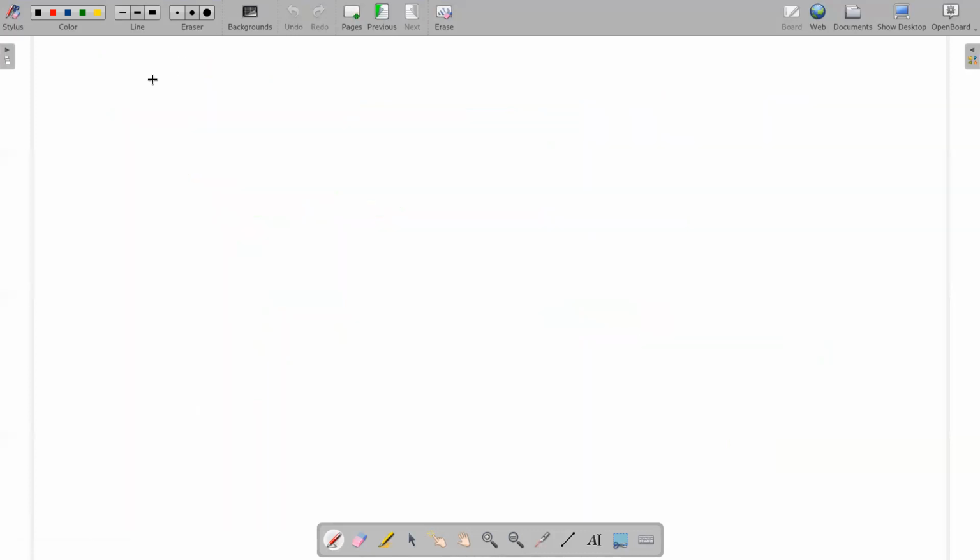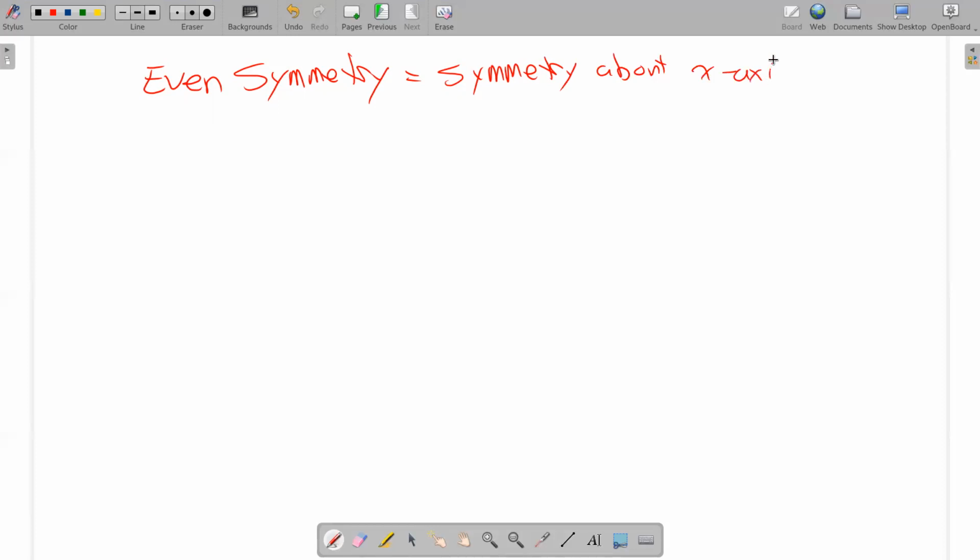Even symmetry is another idea from a previous math class. Hopefully you remember. If not, I'll refresh your memory. Even symmetry is symmetry about the y-axis. I lied, y-axis, not x-axis.